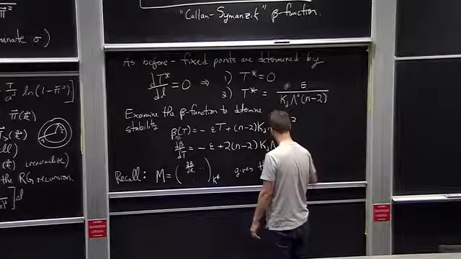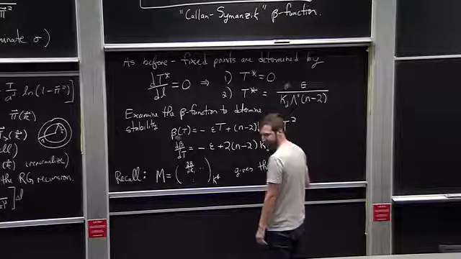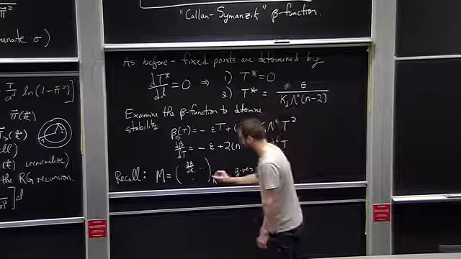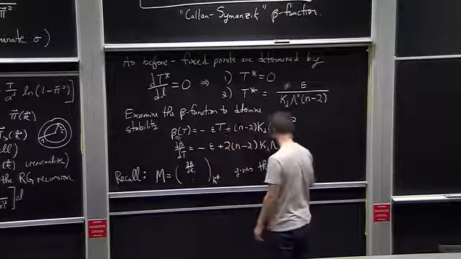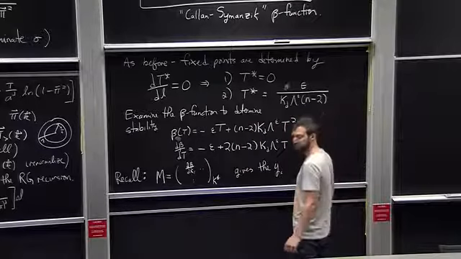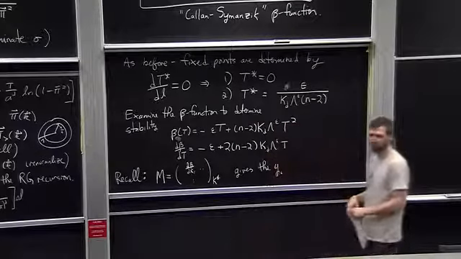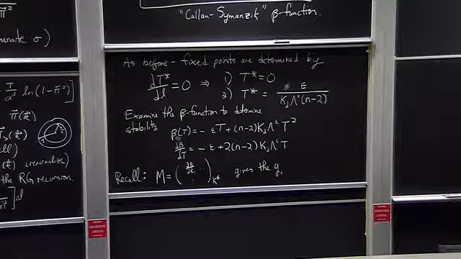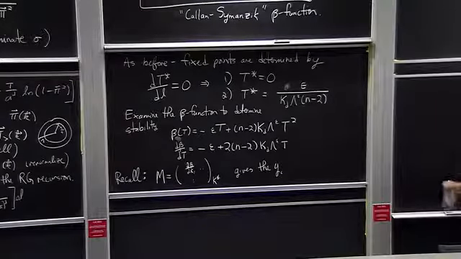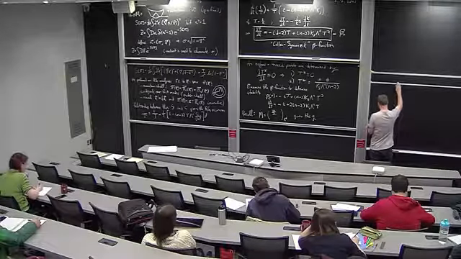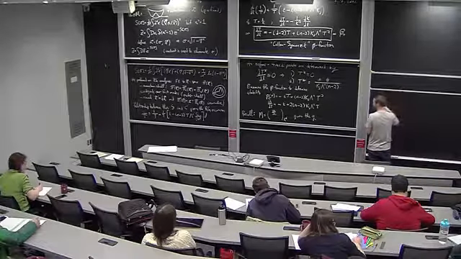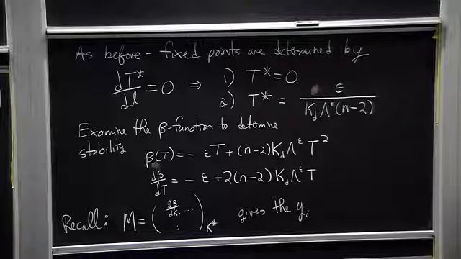The y_i's. Okay, but there's only one equation here, so just take the derivative, set it equal to 0, or take the derivative at the fixed points, right? So let's look at the first, t star equals 0.